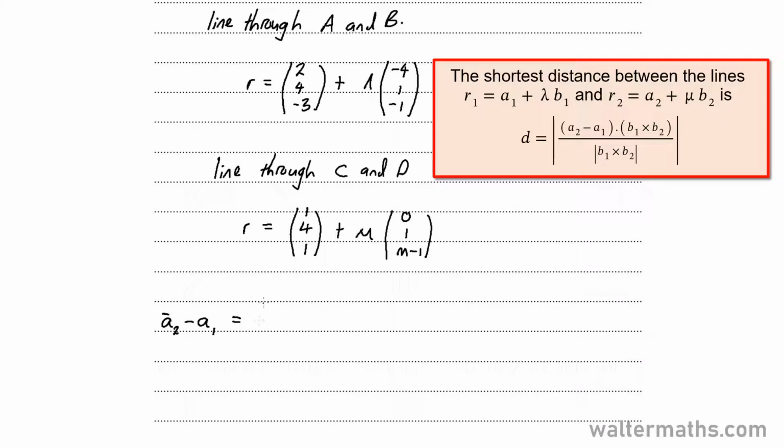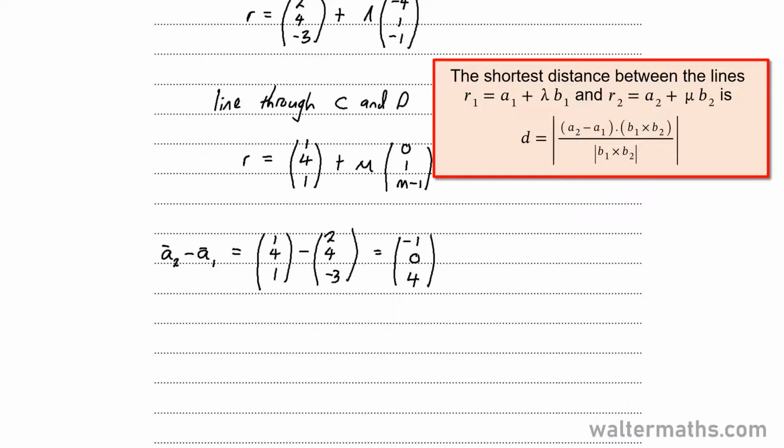So in this case, that will be (1, 4, 1) minus (2, 4, -3). When we subtract, we get 1 minus 2, that's minus 1, 4 minus 4, that's 0, and 1 minus minus 3, which is 4. So this is A2 minus A1.